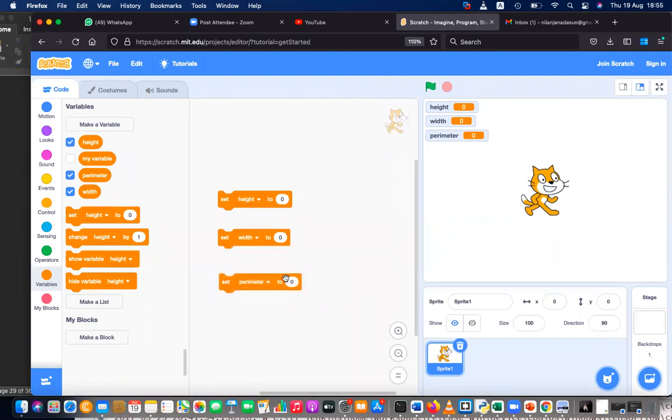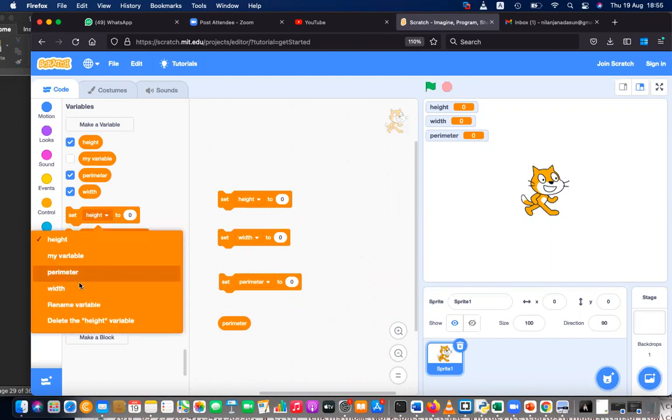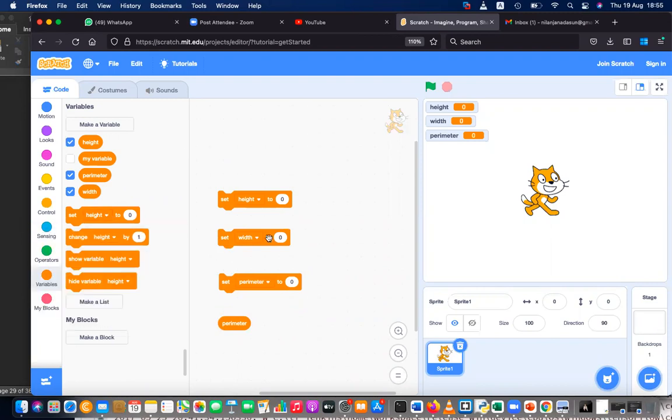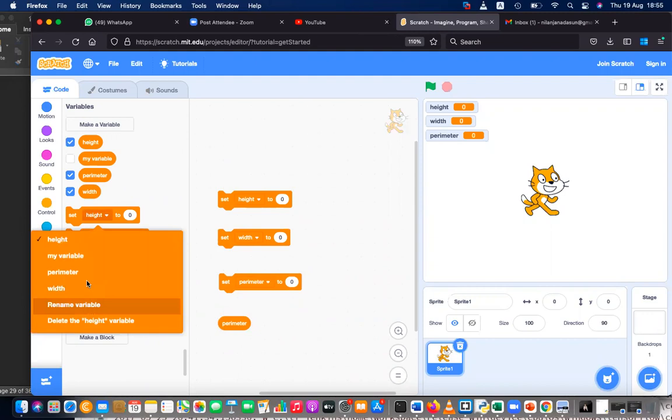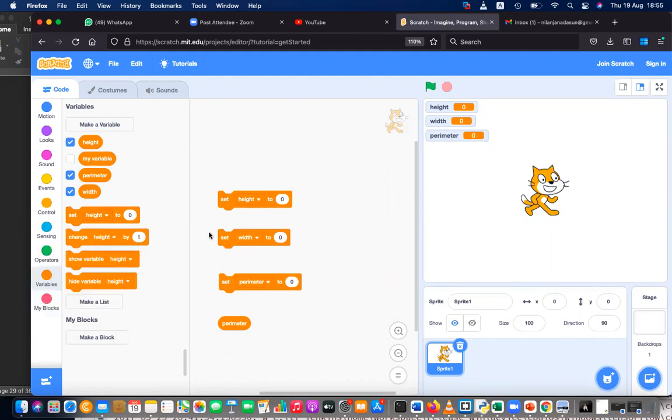I'll keep some spaces to input. And also you need to print the perimeter. I'll take these at the same time. Set height, change it to width, set width, change it to perimeter, set perimeter. And also you need the perimeter value. I'll take all these things.